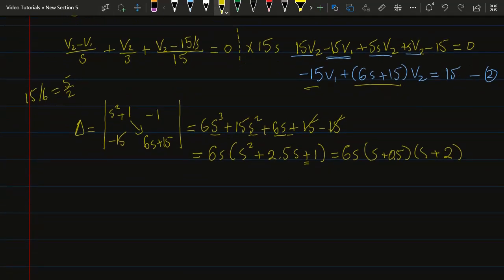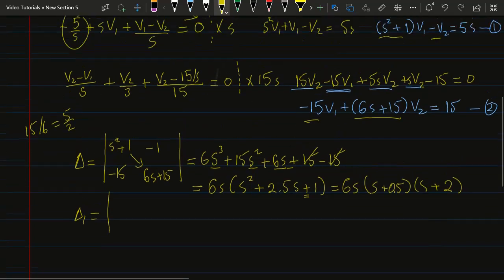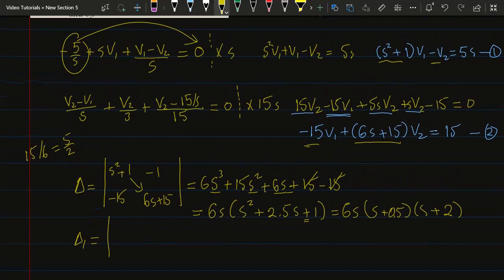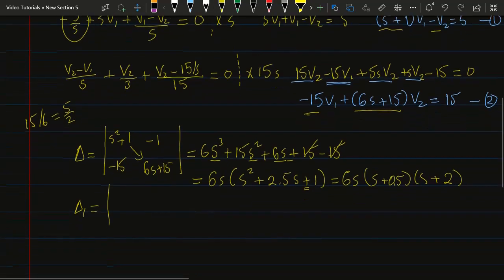Similarly, you can find the delta 1, which is the same determinant, but I have to replace the first column by 5, and there is no s in here because when you multiply by s, the s will disappear. So the coefficients, the terms are 5 and 15.